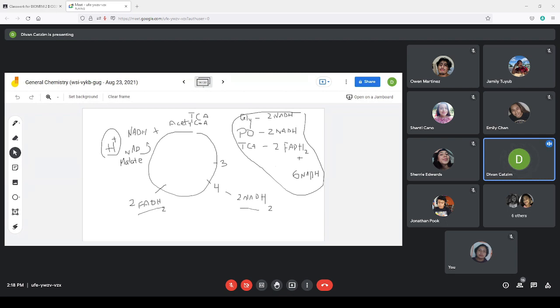Now, step 3, step 4 yields 2 NADH molecules each. So here is already 4. Step 5, moving into step 6, yields 2 FADH2 molecules. Step 7 into 8 produces 2 more reduced electron carriers of NADH.